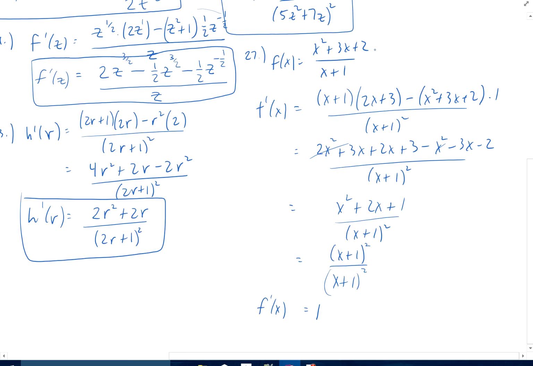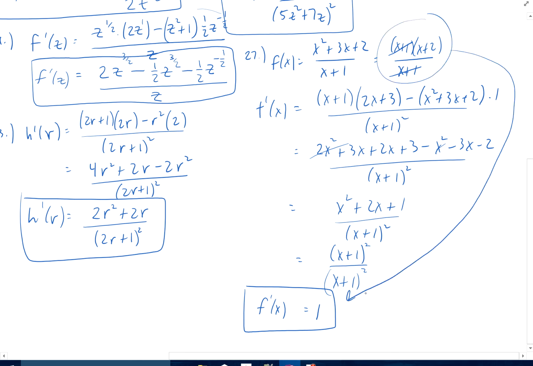Well, if we go back up here and simplify this, this is x plus 1 times x plus 2 all over x plus 1. And then those cancel, so then the derivative of x plus 2 is just 1. So that is right. Now, had I noticed this at the beginning, that would have been a whole lot easier, going from there right down to there. But I didn't see that, so I did it the long way, and I still got the right answer, so we're good on that. All right, next time.